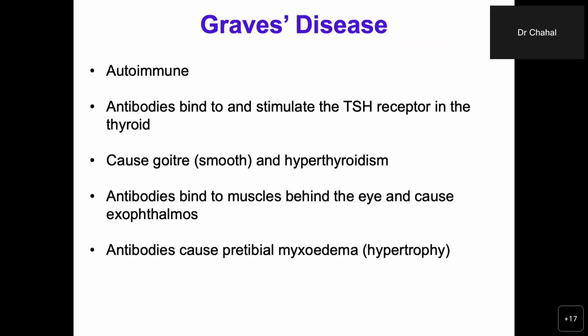And these patients develop TSH receptor antibodies to the thyroid gland, but also the eyes as well. And it's important to remember that the eye antibodies may be there many years down the line, even if you do treat the thyroid. And these patients can also get problems with the skin in terms of pretibial myxoedema.